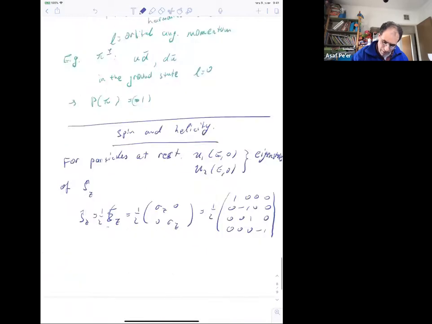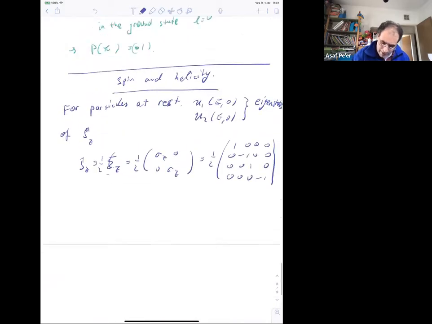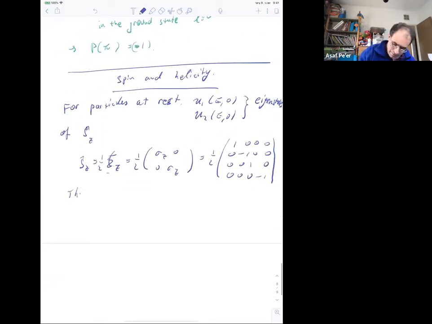This is not true for particles that are not at rest.